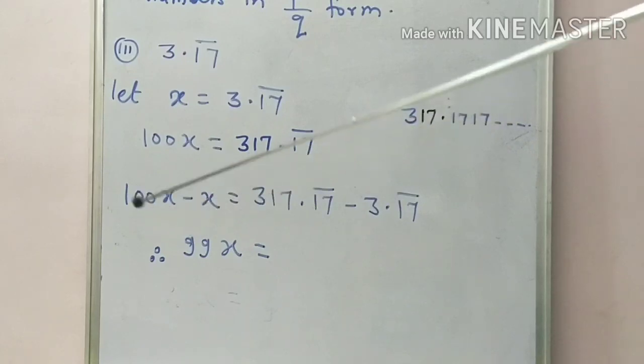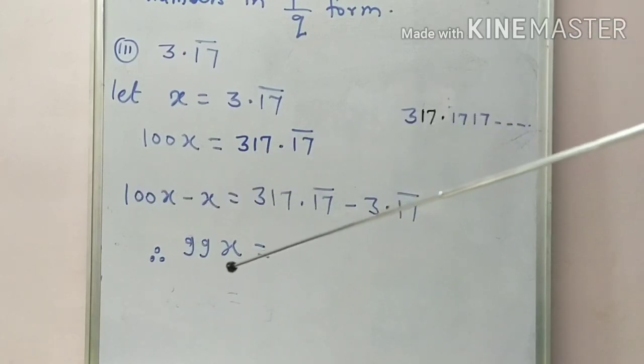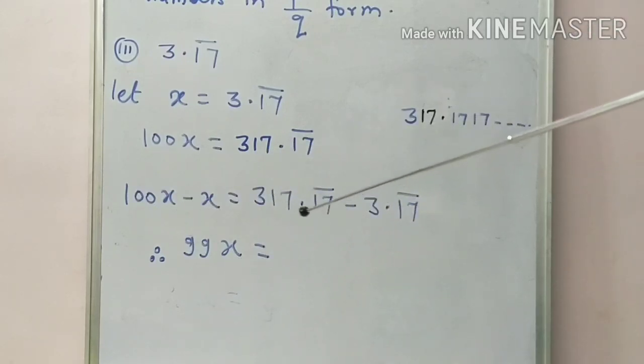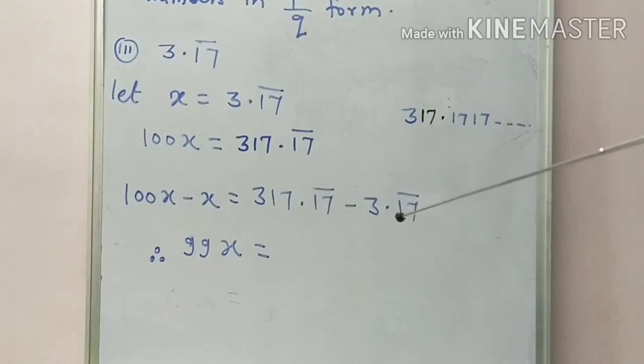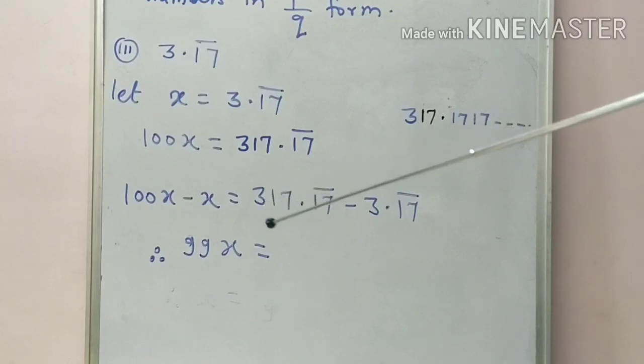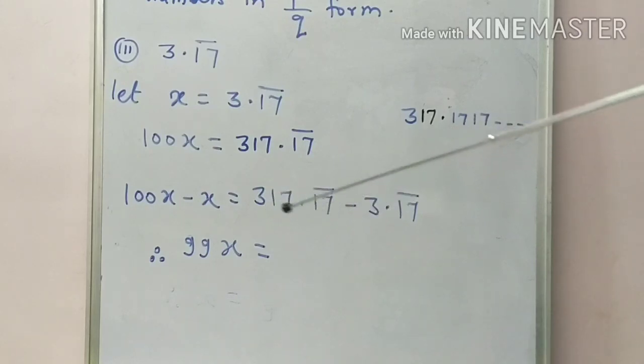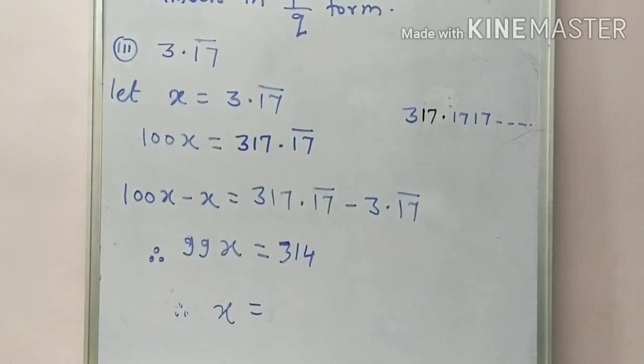So the left hand side subtraction is 99x equal to, as we notice that the 17 recurring part is the same, so the decimal part is eliminated, and you only subtract the integer part. So 317 minus 3, the answer is 314. Getting this, students?